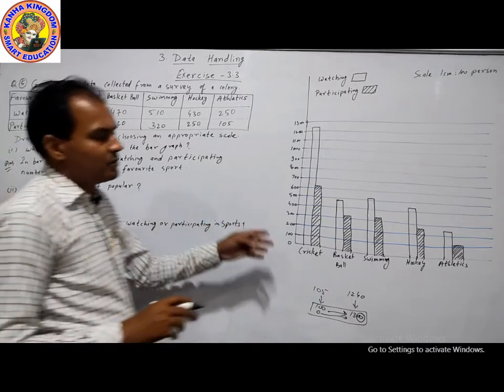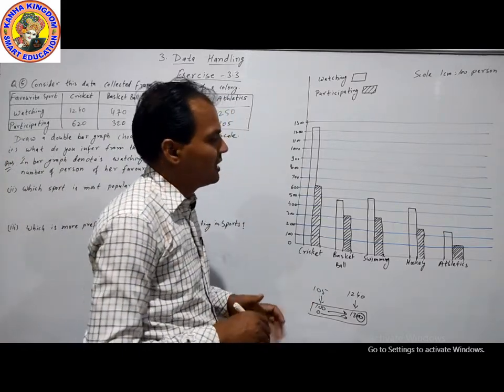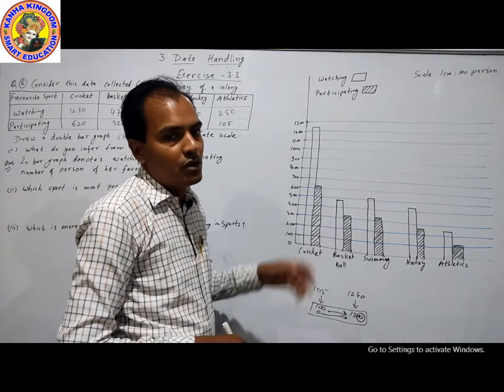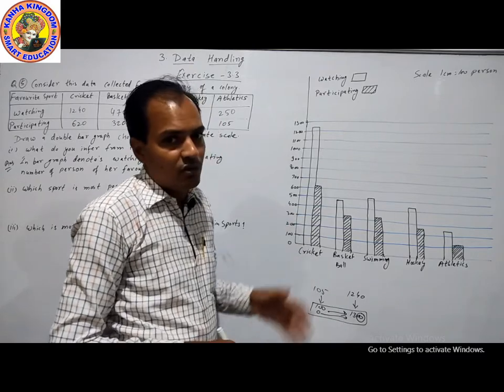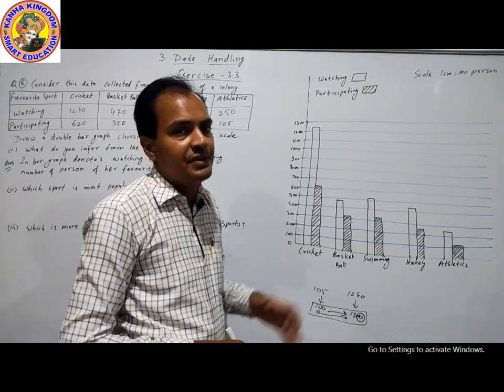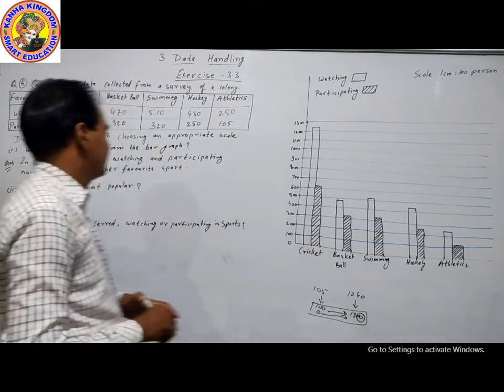What are you understanding from this bar graph? This bar graph shows the number of persons who watch and participate in their favorite sports.